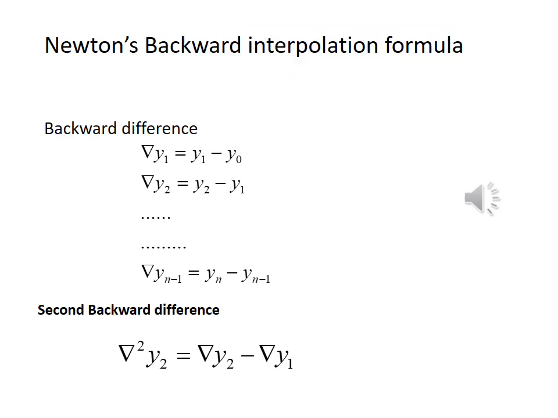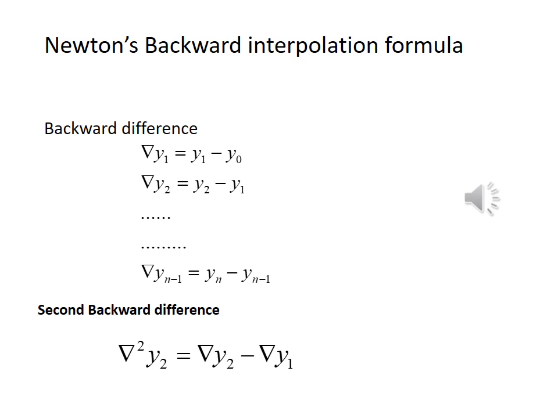Now let us look at Newton's backward interpolation formula. It is very similar to the previous case, but there is a small difference in the formula and also in the notation. Here backward difference is used for calculating. The reversed operator of delta, we call it del. Del is used for identifying that it is backward interpolation.